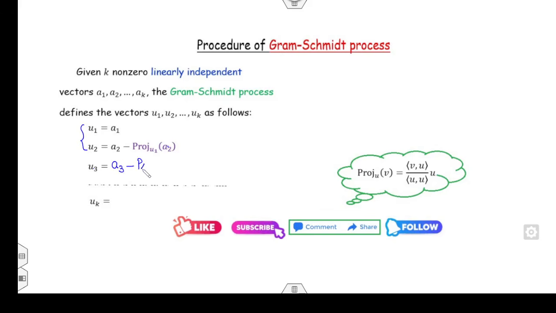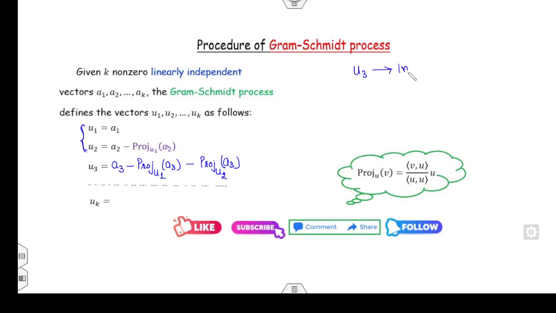My target is to find the projection of a3 on u1 and the projection of a3 on u2, because we have constructed u2.